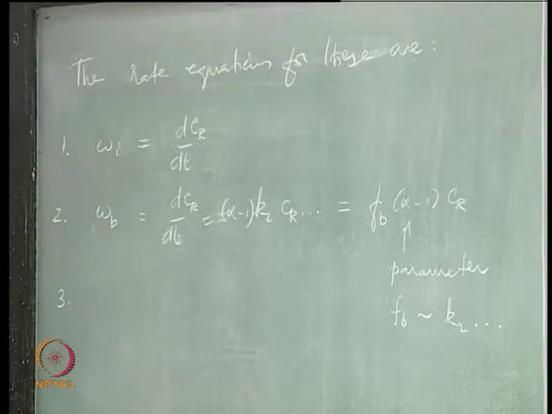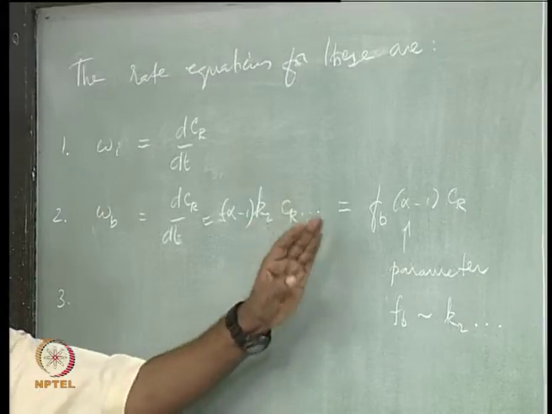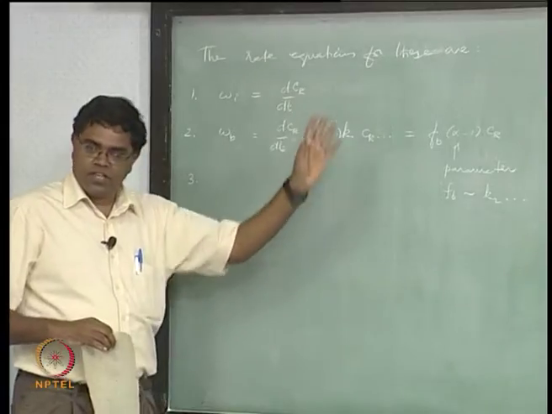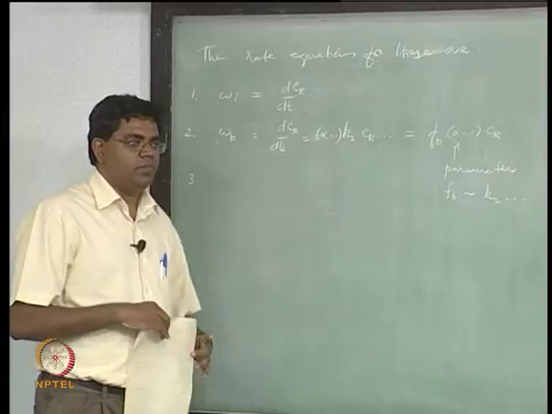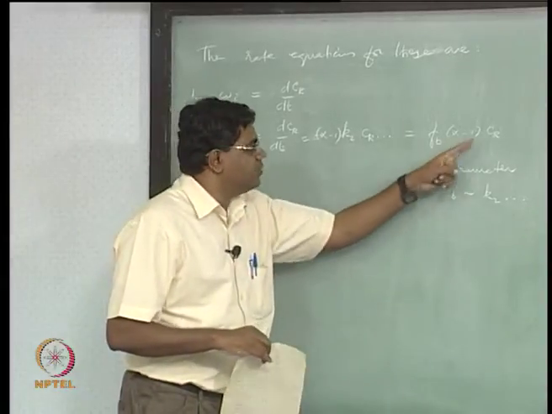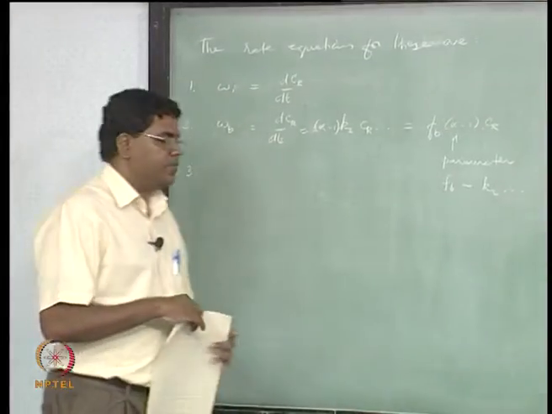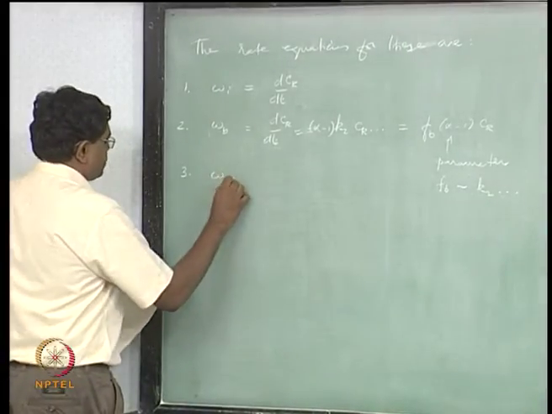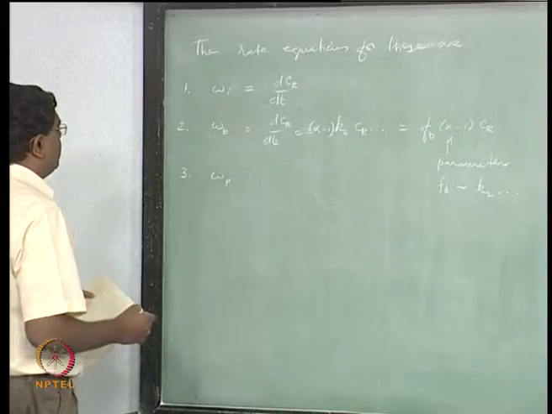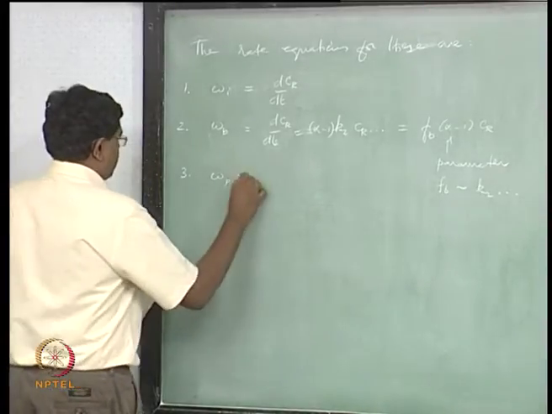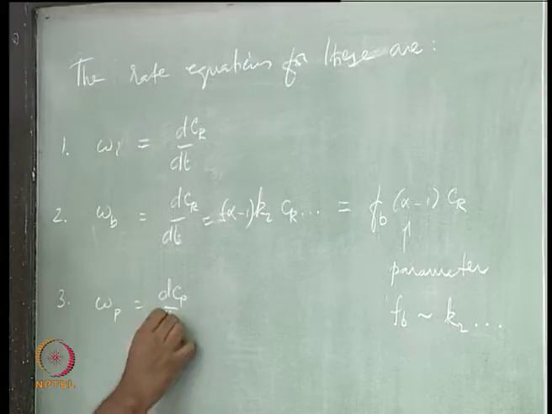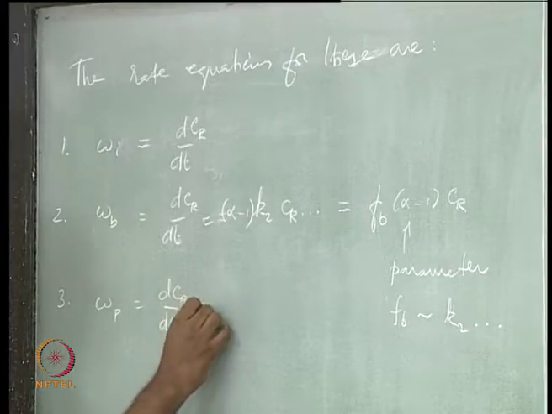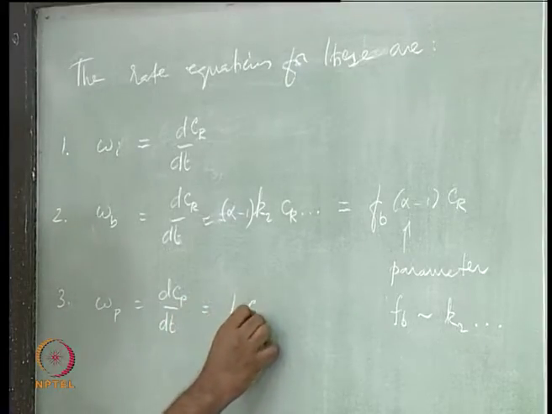Essentially what we are saying is let's deal with F's rather than K's, because the F will couch things that are not really important. What we want to explicitly keep is Cr, and this is a production step, so we will call this omega P. The third step, this is dCp over dt, equal to FpCr.